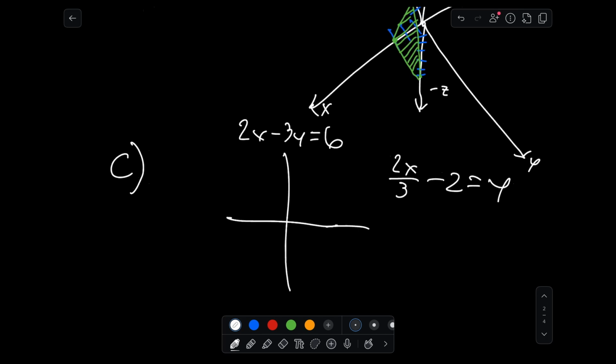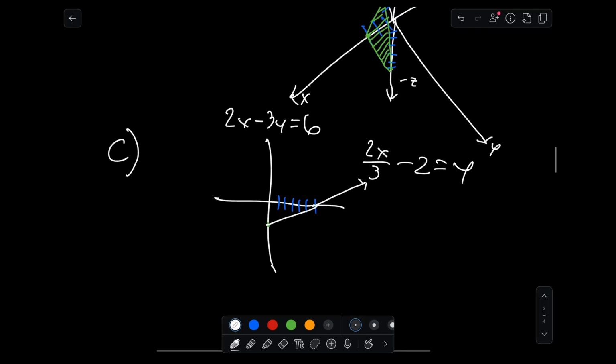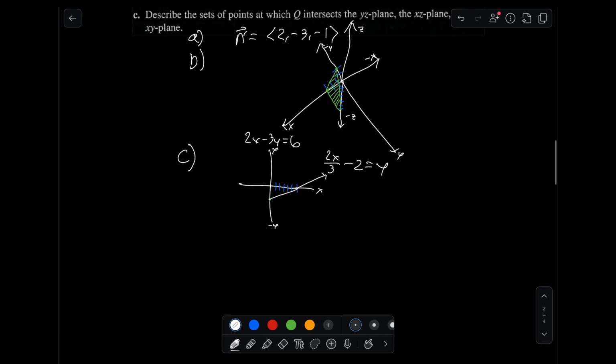Yeah. So our point starts down here, and then you need to get 6 tick marks across: 1, 2, 3, 4, 5, 6. And this is the xy plane, like looking straight down on it.